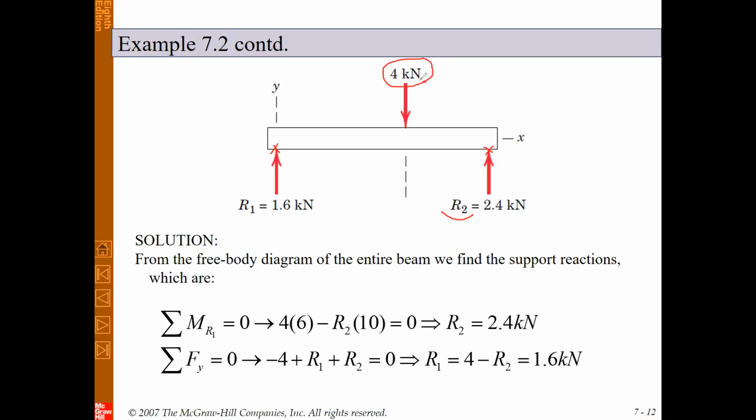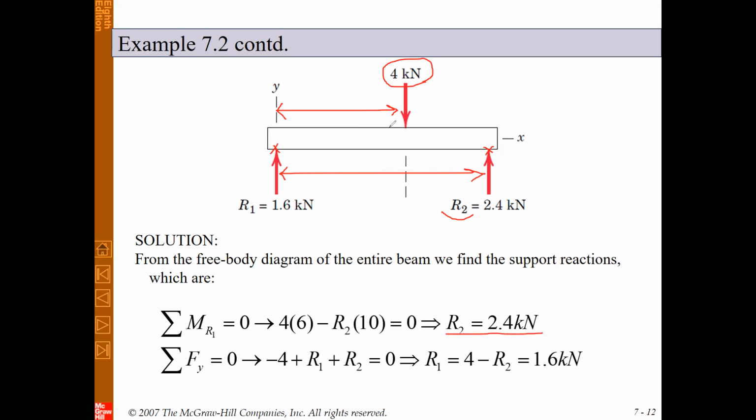The moment due to this force is equal to 4 multiplied by its arm, which is this length, equal to 6. And also we have one moment due to R sub 2, which is equal to R sub 2 multiplied by its arm, which is this length, equal to 10. So from this simple equation, we can solve and obtain R sub 2, which is 2.4 kilonewton.